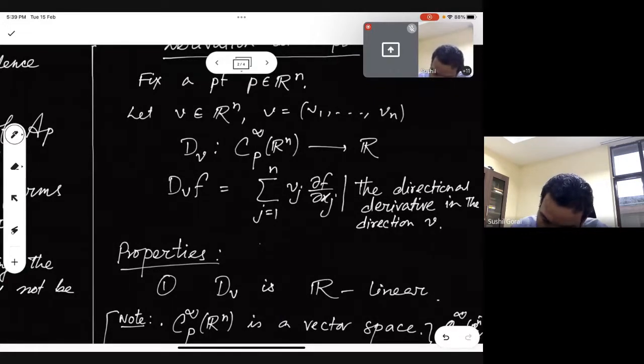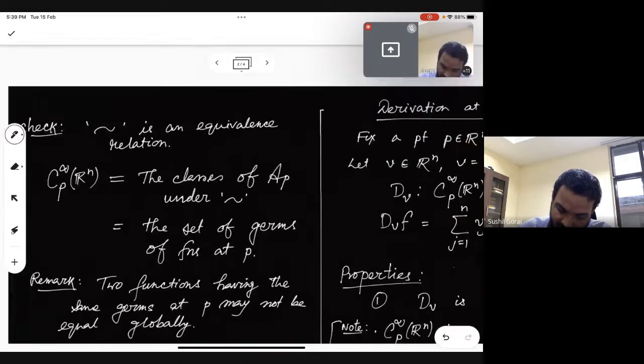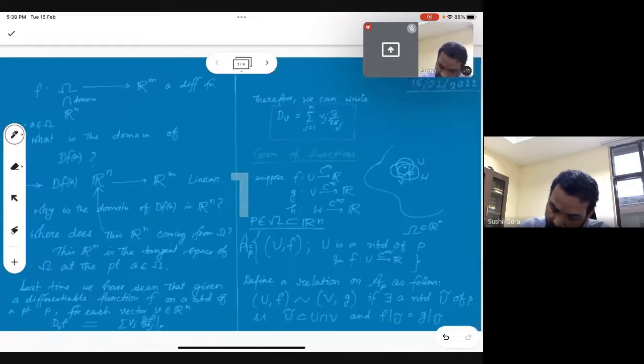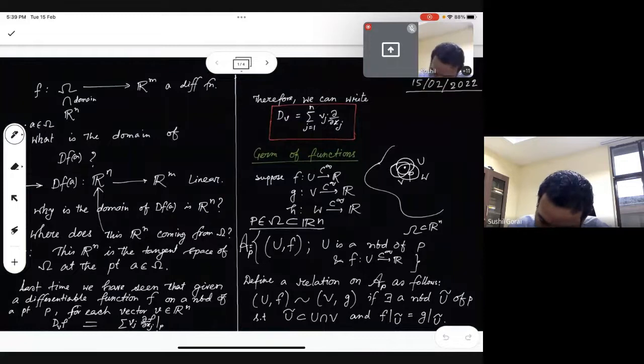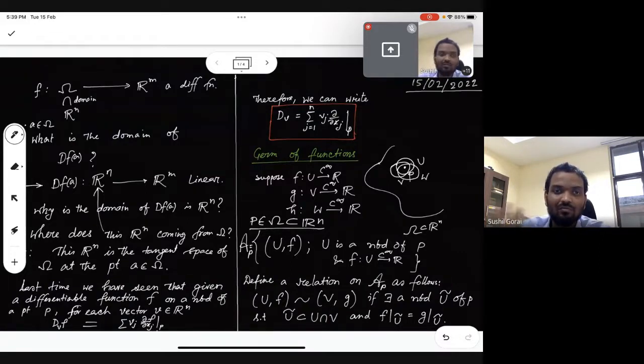This is evaluated at the point p. We are not allowing this to vary over x.